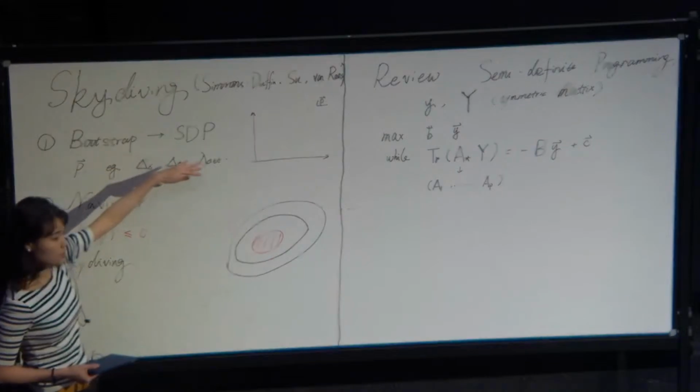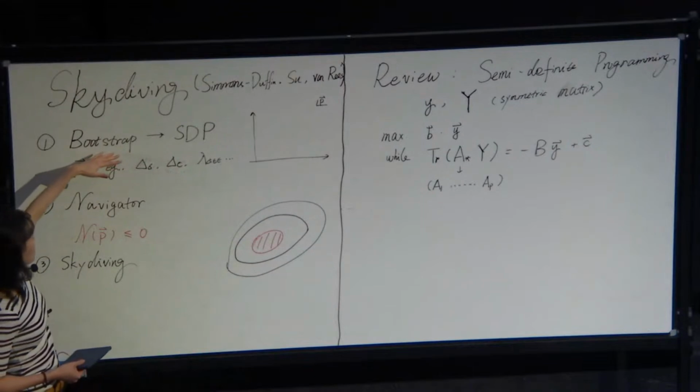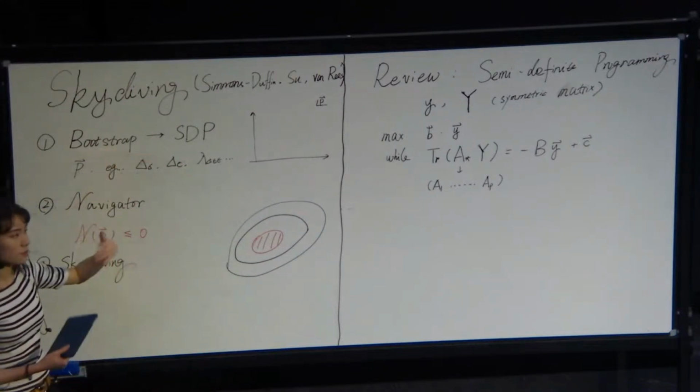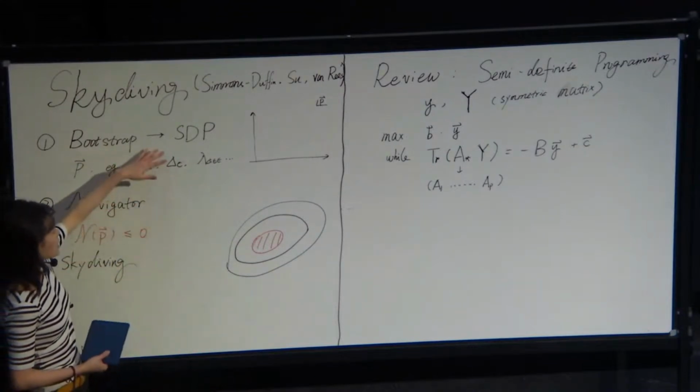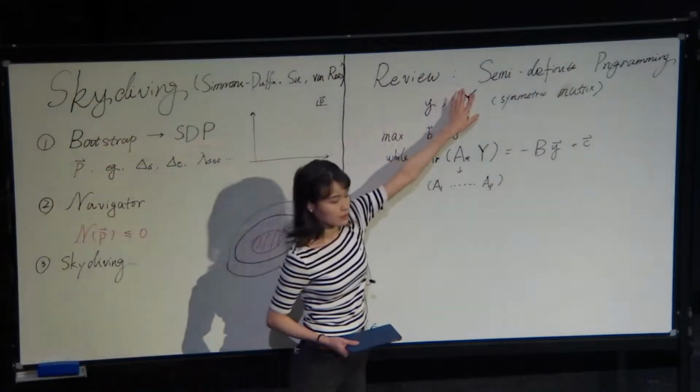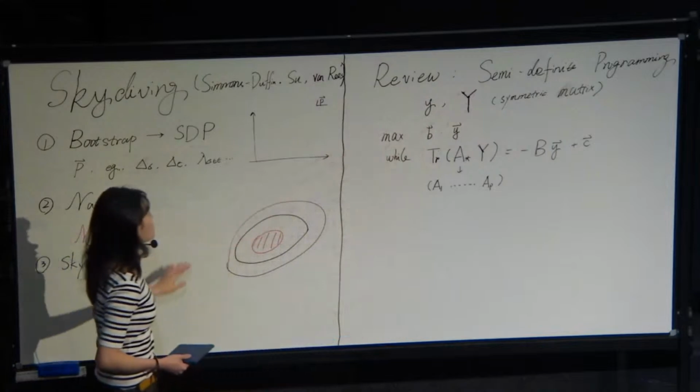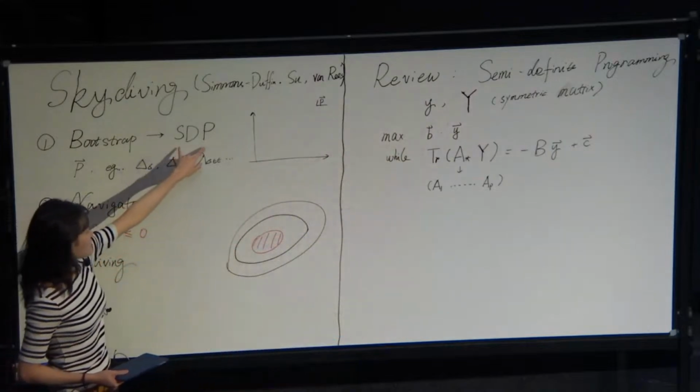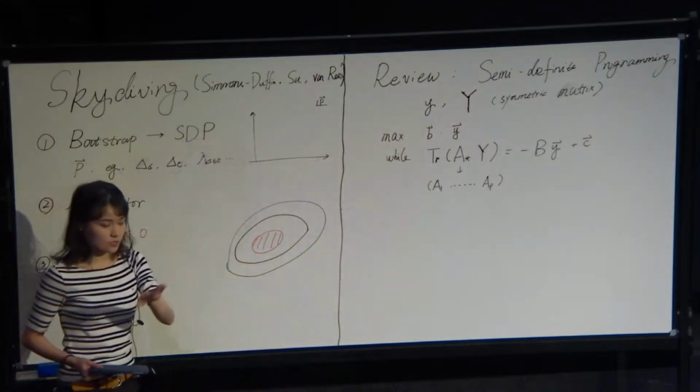The computational process is first to turn the bootstrap problems, starting from crossing equations or some other constraints, and rewrite them into the so-called semi-definite programming problem. Then the semi-definite programming problems will be fed into a solver.